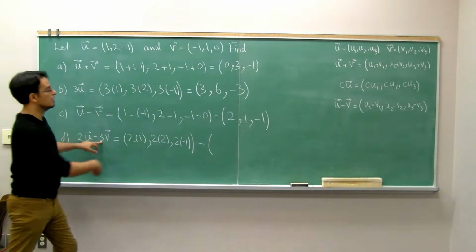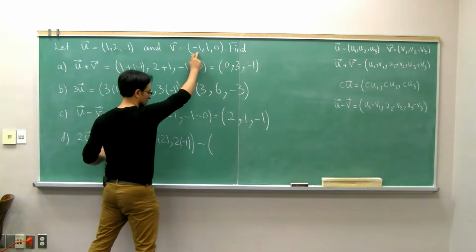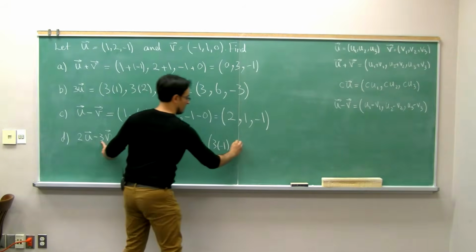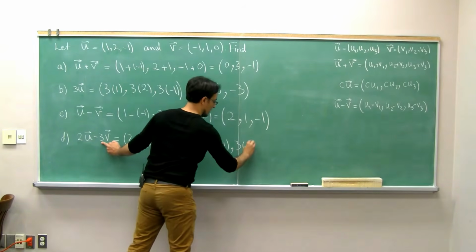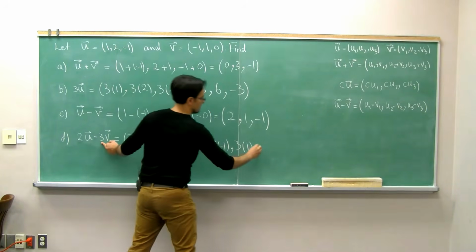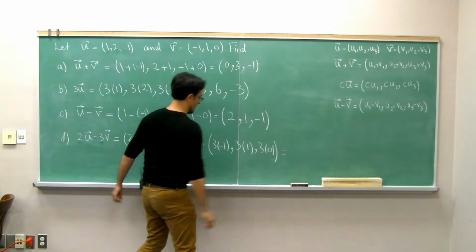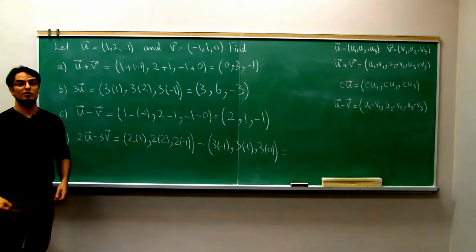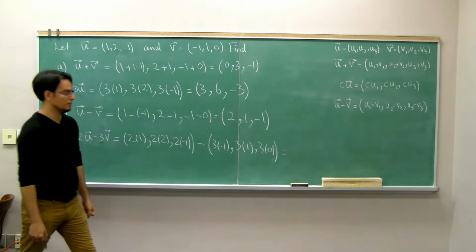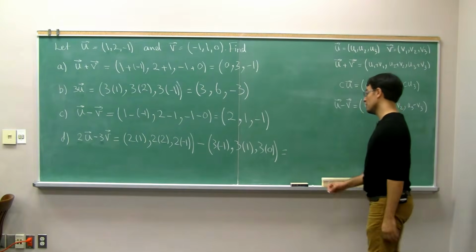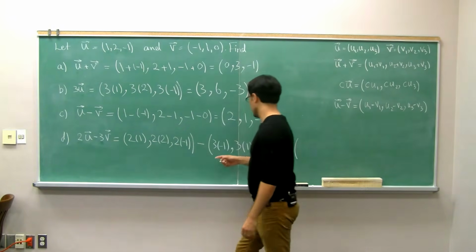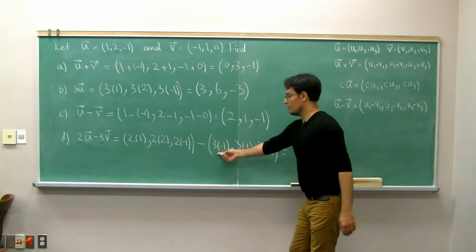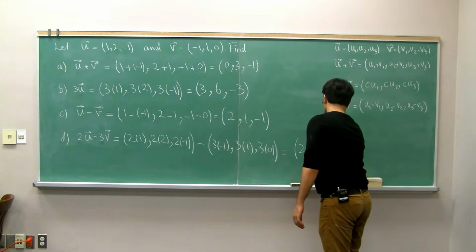Minus 3 times v. So 3 times negative 1, 3 times 1, and then 3 times 0. Now I have two vectors and I have to subtract them. Subtraction of vectors, you have to do it component-wise, as I explained here. So the first component minus the first component of the second one. The first component is 2 minus the first component of the second one, which is negative 3.